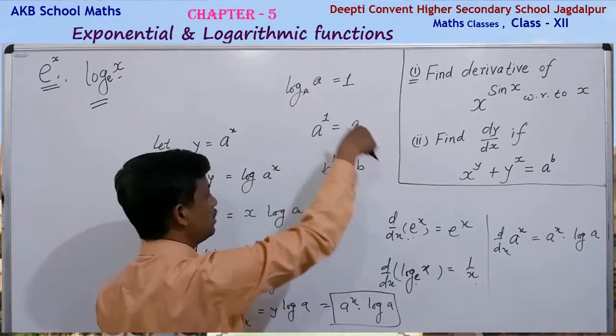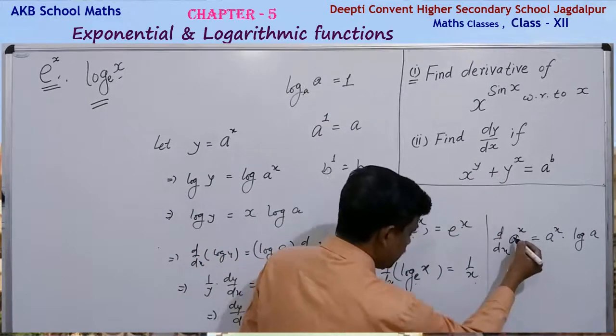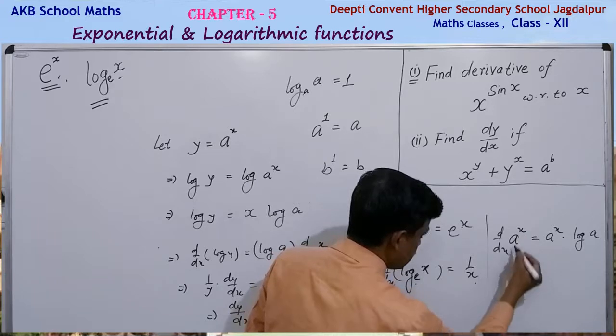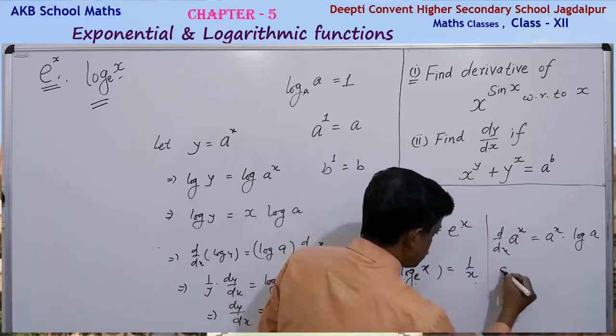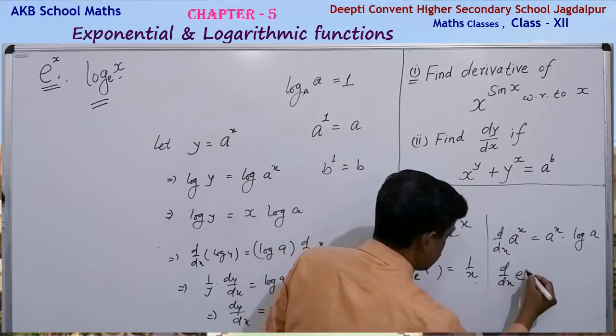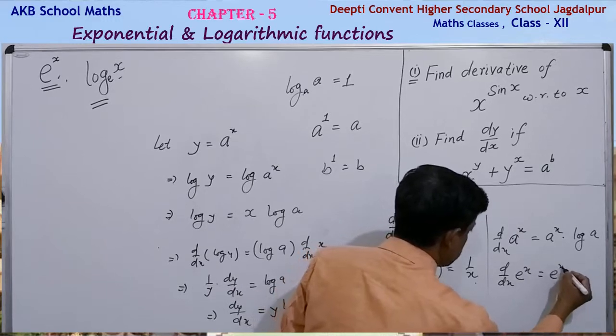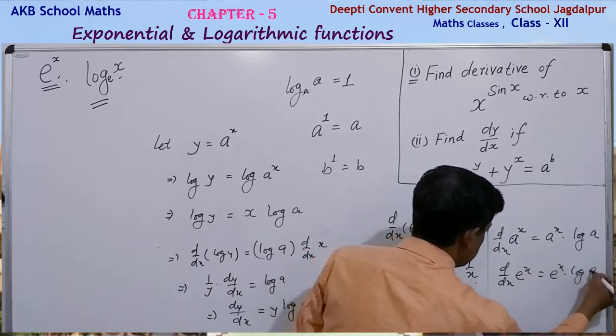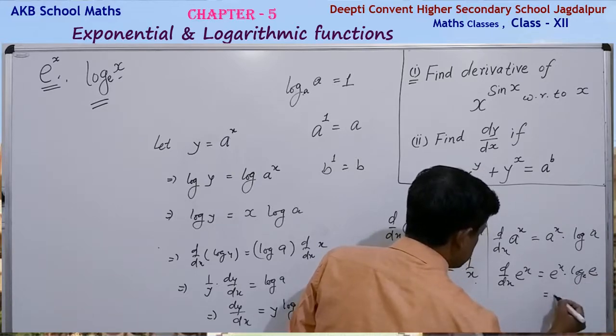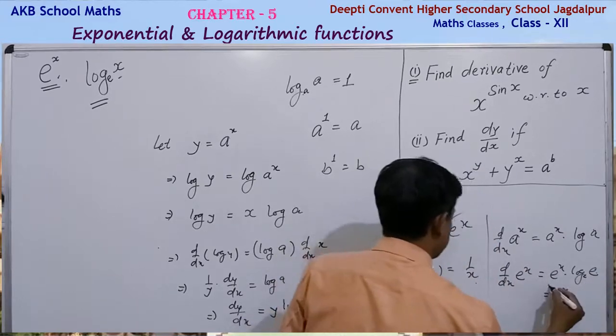So if the base is the same, the value is 1. So here if we put a to the power x, in place of a what do we write? e. So e to the power x, and log e to the base e is 1, so e to the power x, so derivative.